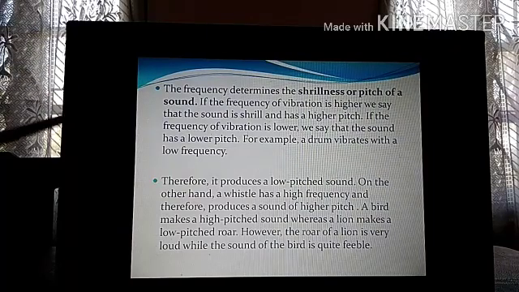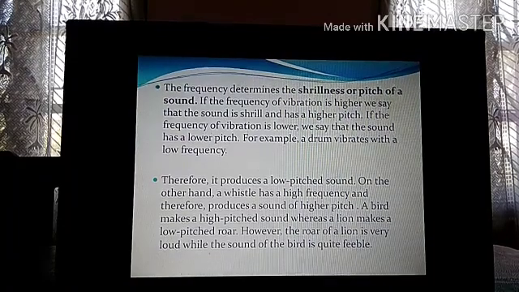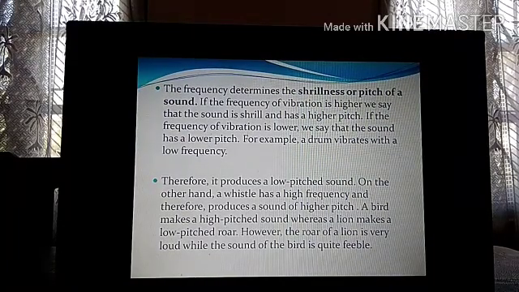If the frequency is lower, we say that the sound has a lower pitch. For example, a drum vibrates with low frequency. Now compare beating of a drum and blowing of a whistle. In which case are your ears going to hurt more? When the whistle is blown, isn't it? Because the whistle has a sound of a higher pitch. That is why your ears are going to hurt.